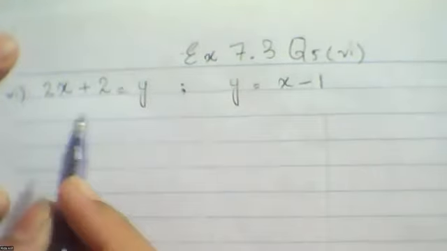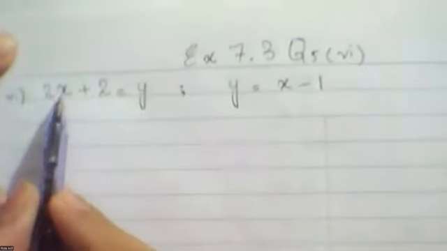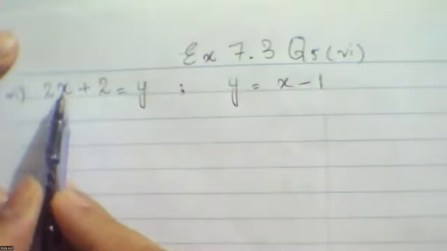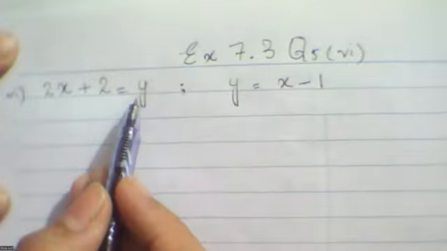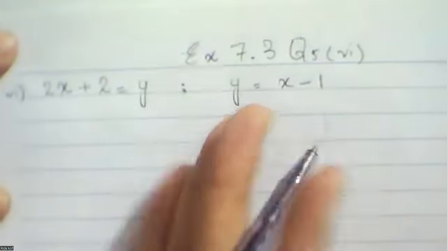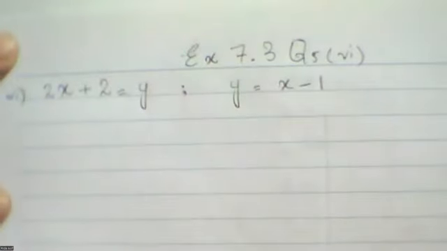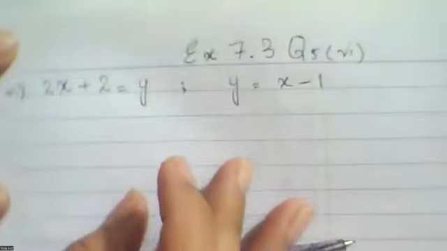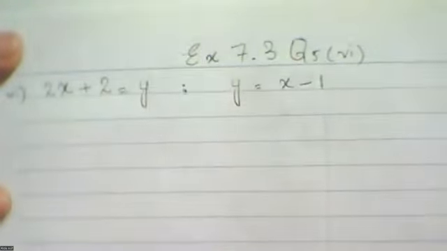We have to put the values of x, or we can put the values of y to get the values of x. Then we have to draw the table and put the values of x and y in the given table. And then we can easily draw the graph together, right?